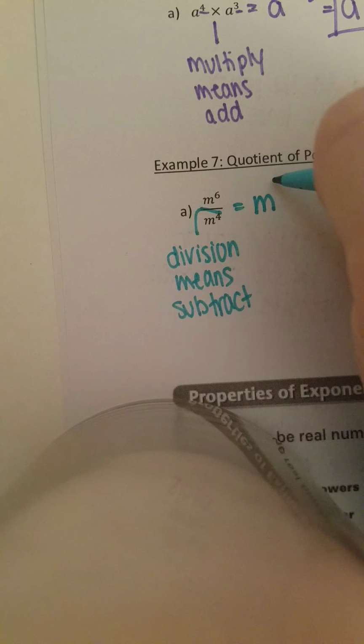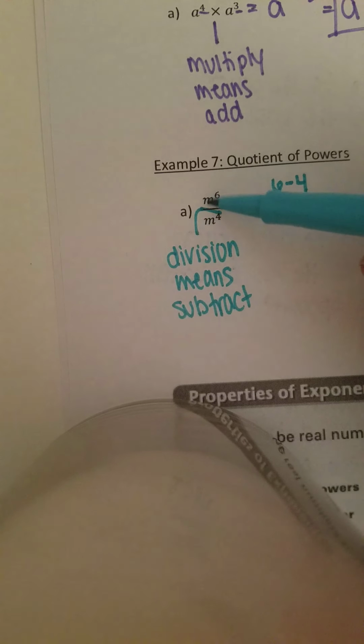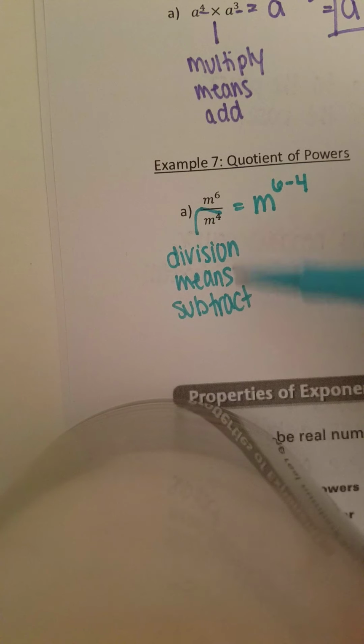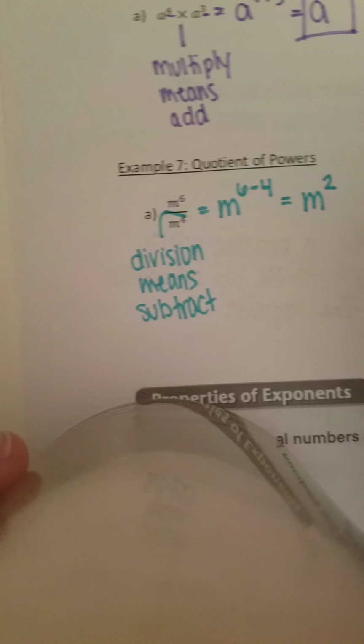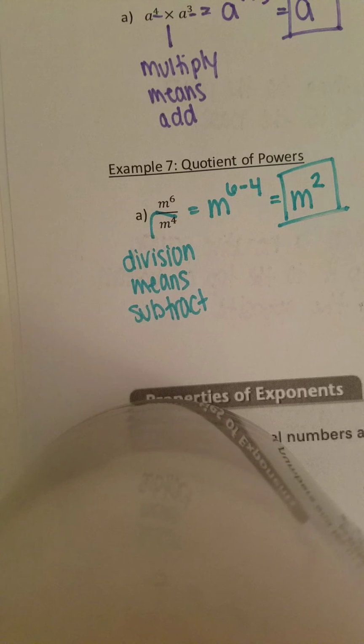So we're going to have m to the 6 minus 4. Both of them are m's, so we're good to go. We're dividing, so we subtract. So 6 minus 4, this would be m squared, because 6 minus 4 is 2. And that would be your final answer.